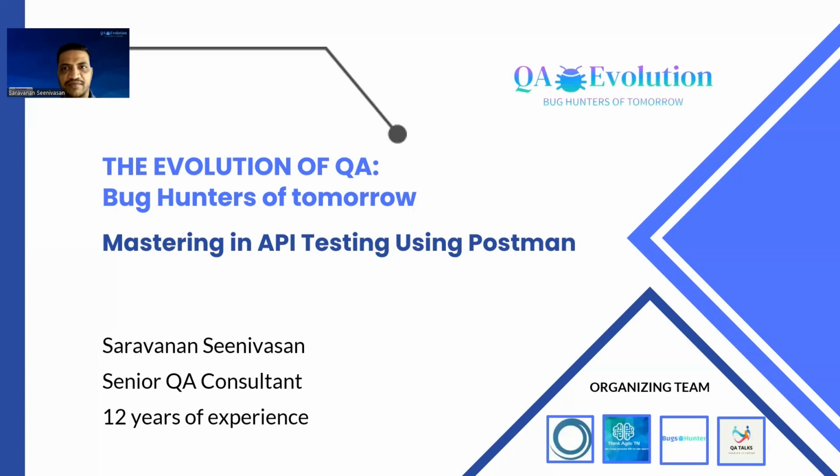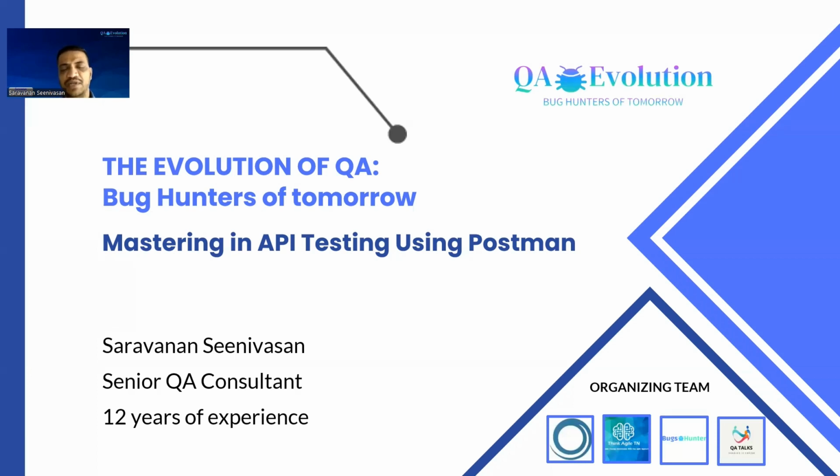So today, the webinar which I'm going to take, the topic is mastering API testing using the Postman tool. API testing is one of the primary skills for QA. You have to do API testing. Earlier it may have been in a different team or stream, but right now, the current job market may expect you to do API testing.